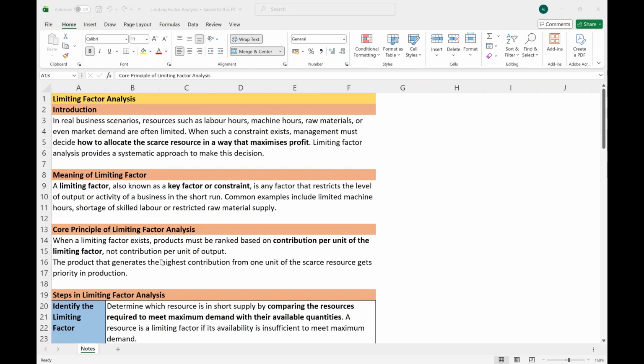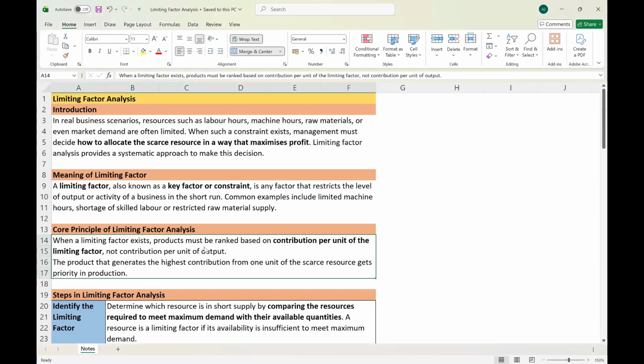The product that generates the highest contribution from one unit of the scarce resource gets priority in production. Okay. So that is the fundamental principle. It's very important. Which product gets the priority? The product which generates the highest contribution per unit of the limiting factor.